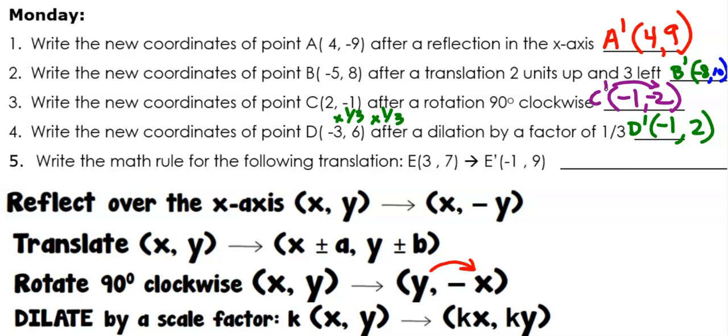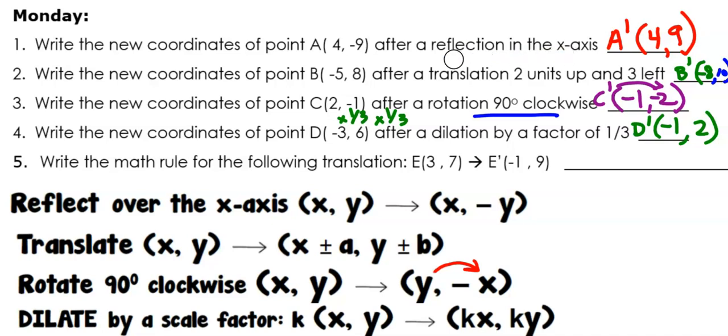The last question asks you to write a math rule. It asks you to take this point E and transform it to E prime. So what happened? Well, as I can see, I have completely different digits. That doesn't happen when you rotate or when you reflect. But it can happen if you dilate or translate.